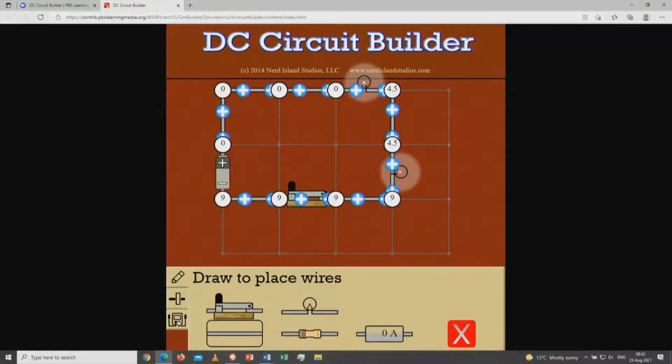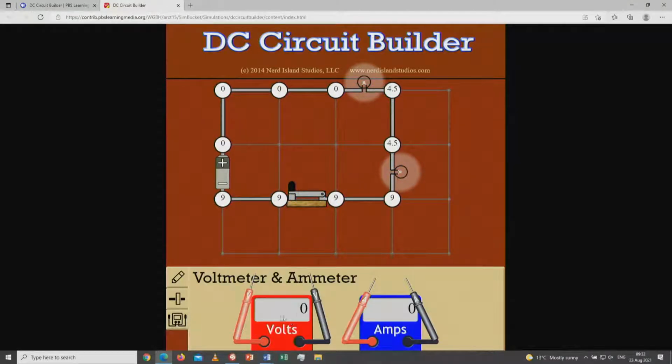If you click on this icon, you'll see you have your voltmeter and ammeter. I did not have enough chance to play around with this, but you can also try it, colleagues.